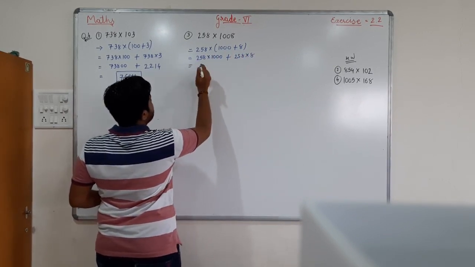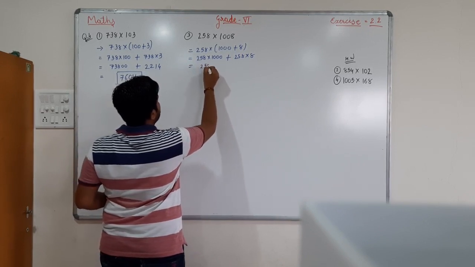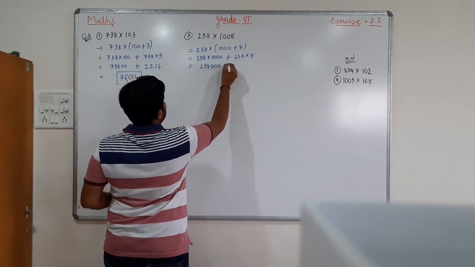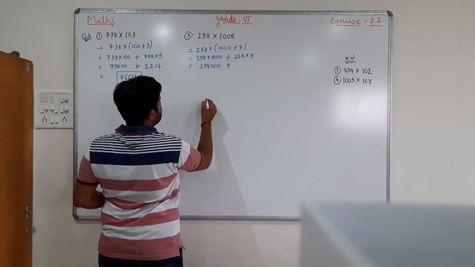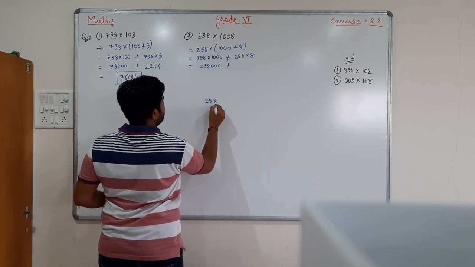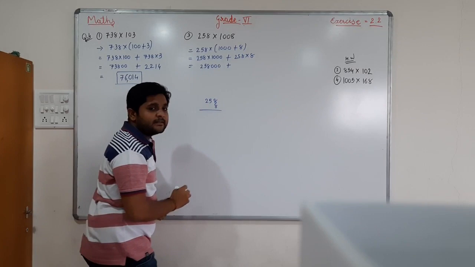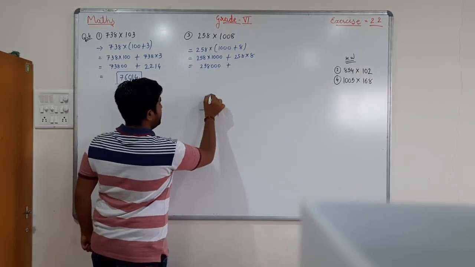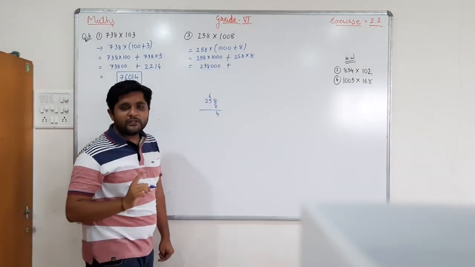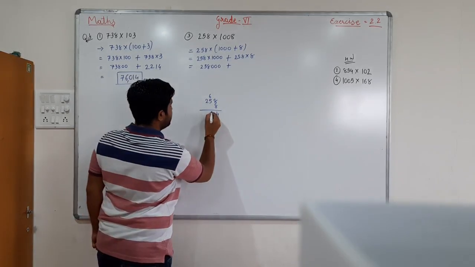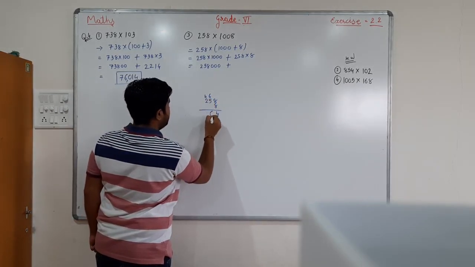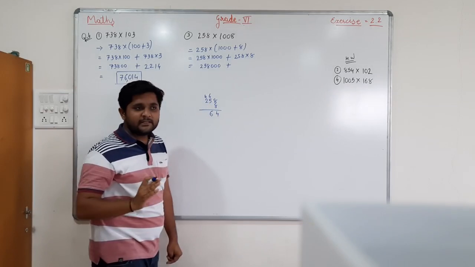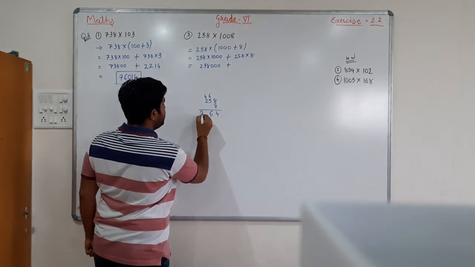Now 258 ones are 258 000, plus 258 8s. Let me do 258 8s. 8 8s are 64. 8 5s are 40, 40 plus 6 is 46. 8 2s are 16, 16 plus 4 is 20.